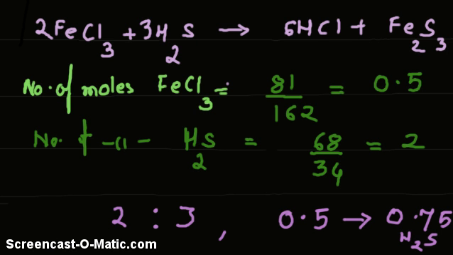As you can see in this reaction, the ratio of FeCl3 to HCl is 2 moles to 6 moles. So 2 moles of FeCl3 produce 6 moles of HCl.